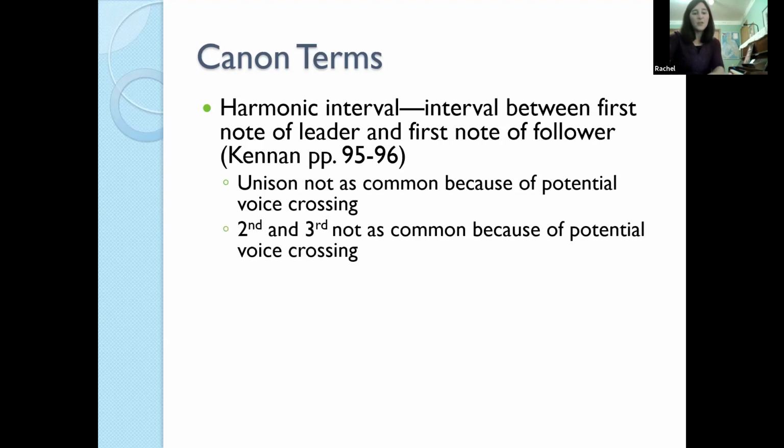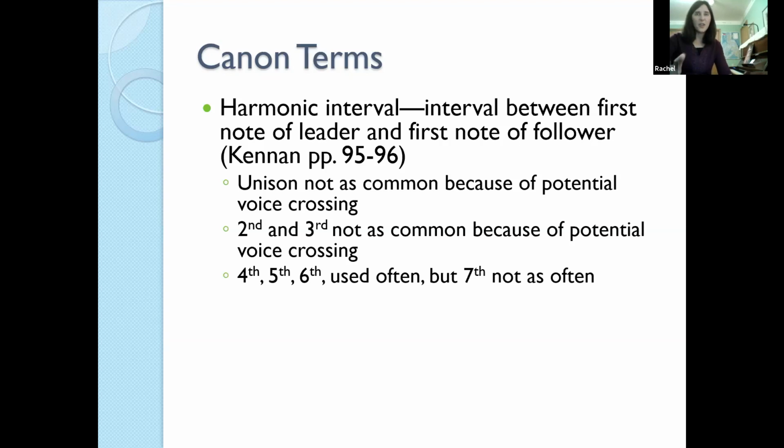The harmonic interval of a second or a third is not as common either because of potential voice crossing, okay? So the unison, the second and the third will not be as common because of this issue with voice crossing. It's not that they're forbidden, it's just not as common. But you will see these kinds of harmonic intervals used often: the fourth, the fifth, and the sixth, okay? So fourth, fifth, sixth used often, but not the seventh as often.